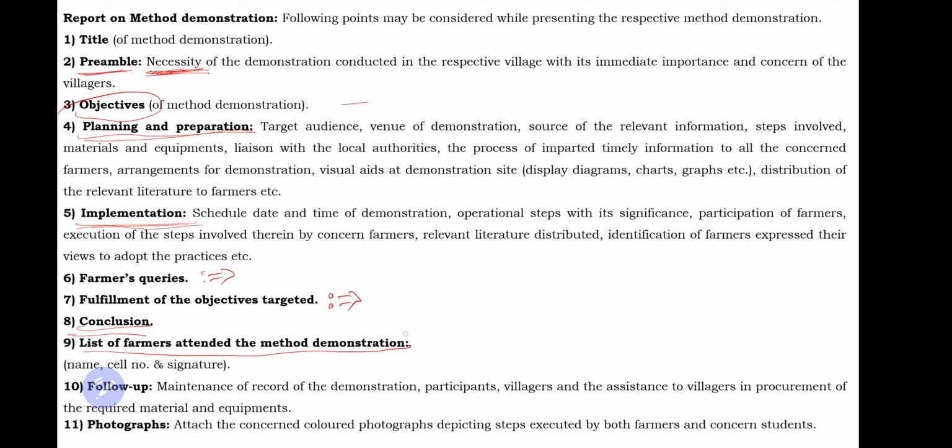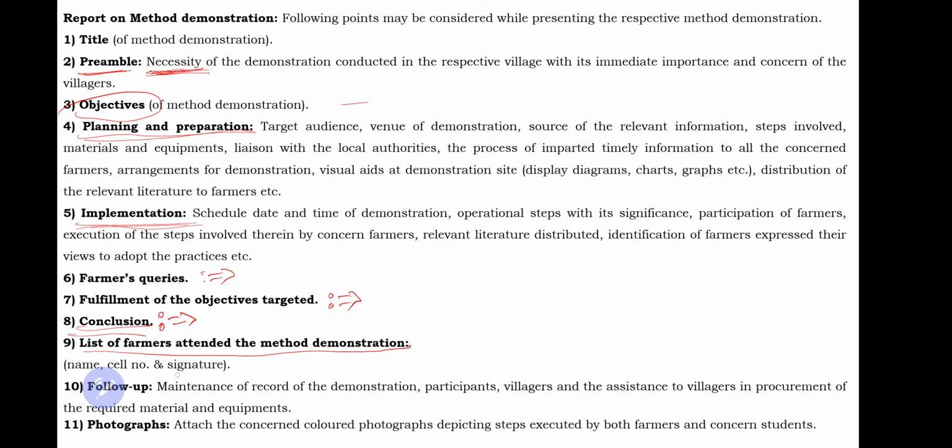Attach the list of farmers. In the conclusion, mention how the farmers approached your demonstration, and the success of the demonstration or the techniques you used. In the list of farmers, write the name, phone number and their signature.